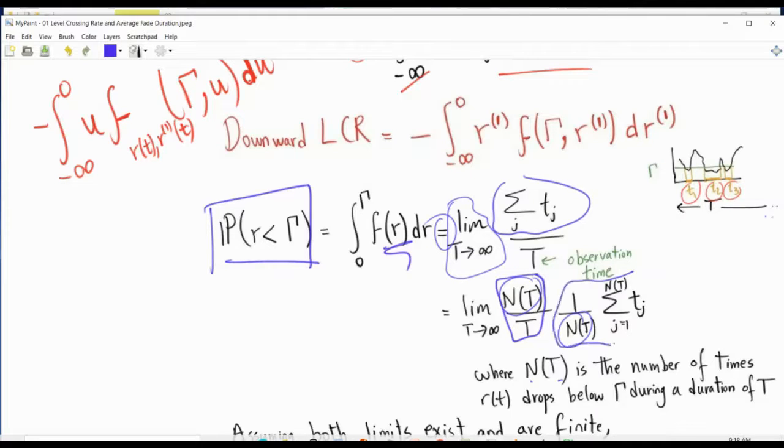What about this limit here? It's the average phase duration, right? It's the sum of those T's, the sum of those intervals during which the process is below gamma. So you sum them, and then you divide by their number. And so this is, by definition, the average phase duration.